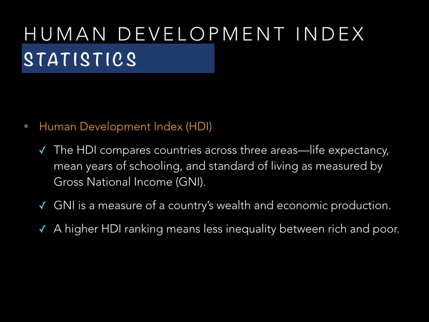And then you look at standard of living. And this is measured by gross national income. Gross national income is nothing more than a country's wealth and their economic production. So the higher the HDI ranking means the less inequality between rich and poor that you're going to find in that particular country.